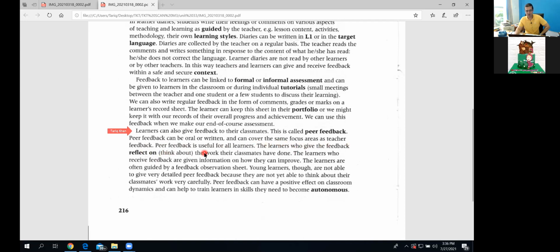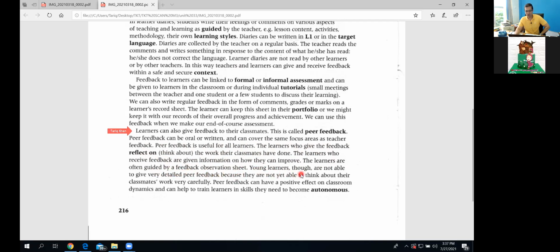Peer feedback is useful for all learners. The learners who give the feedback reflect on, I mean think about, the work their classmates have done. The learners who receive feedback are given information on how they can improve. The learners are often guided by a feedback observation sheet.